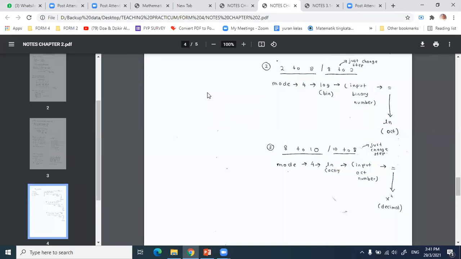I don't think it's the same. Emily, can you try tekan the one that I circle in the group? Yes, teacher. I pressed, but nothing happened. And then dia keluar define matrix.